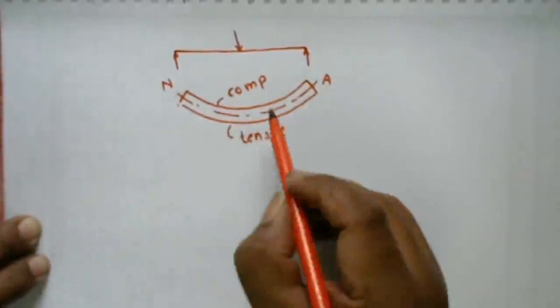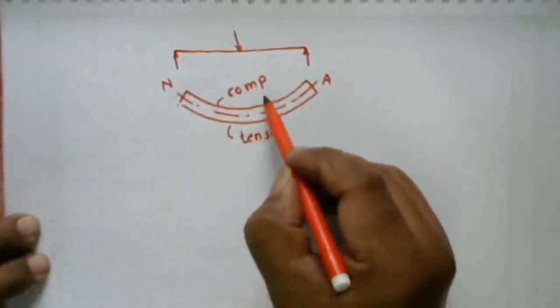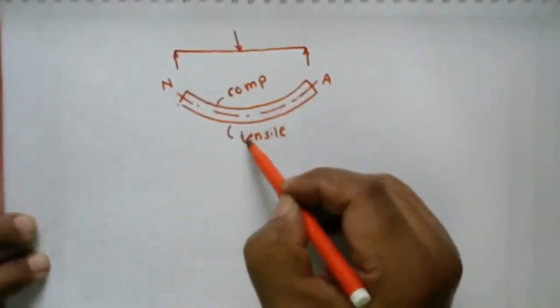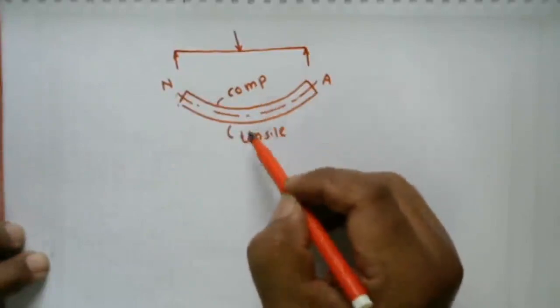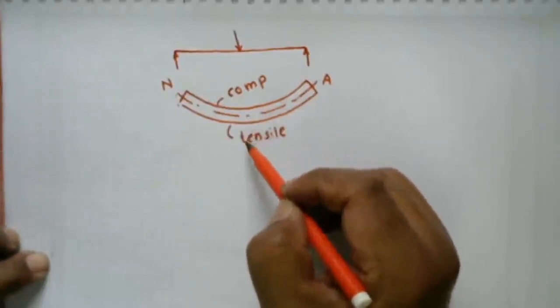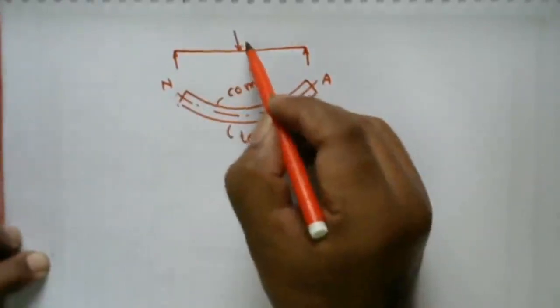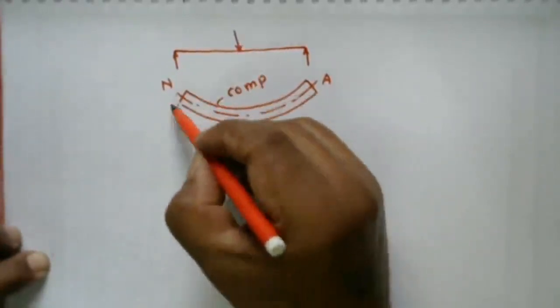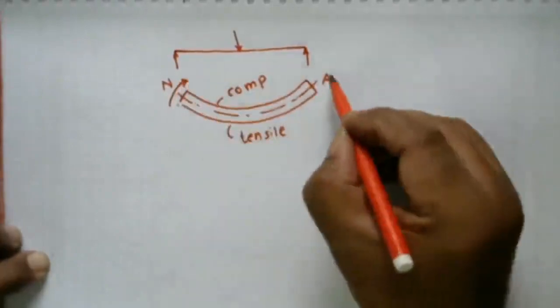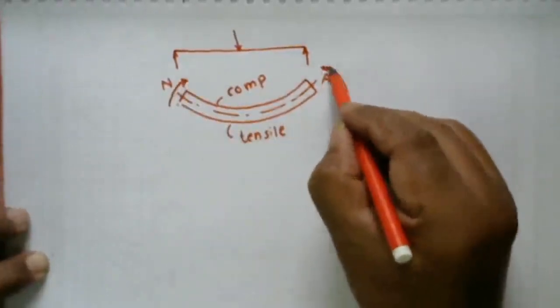So on one side of the neutral axis there are compressive stresses and on the other tensile stresses, and due to these stresses forces are exerted on the layer of the beam subjected to simple bending. These forces will have moments about the neutral axis.